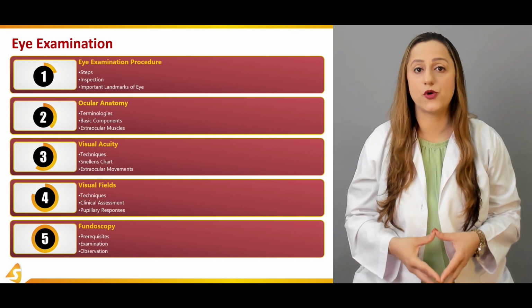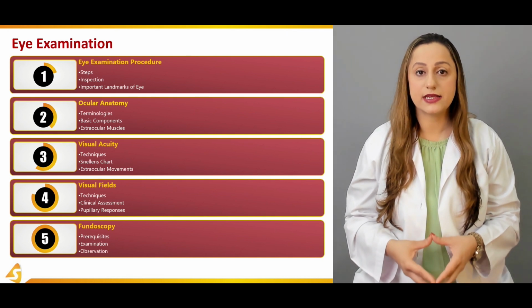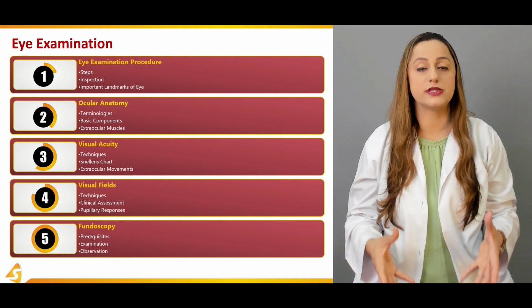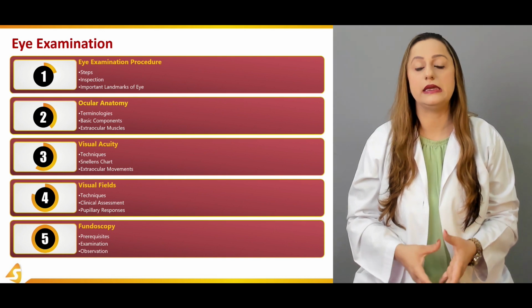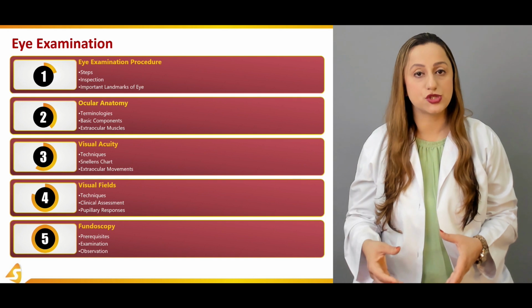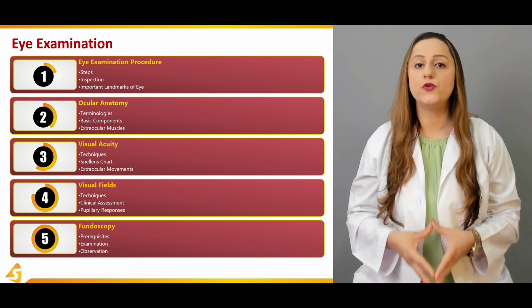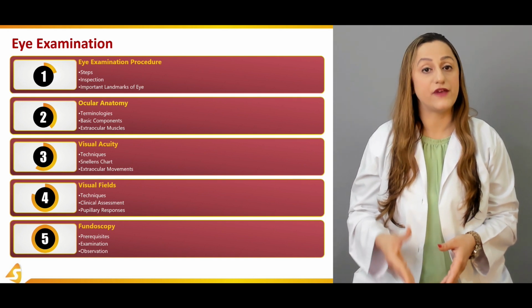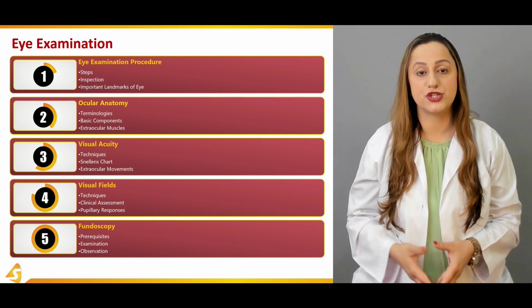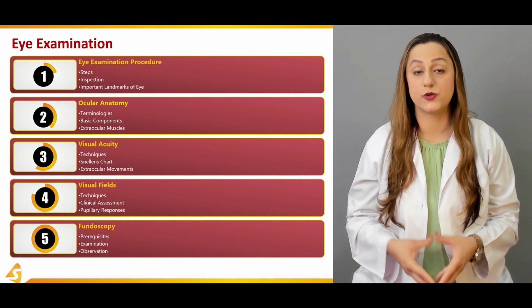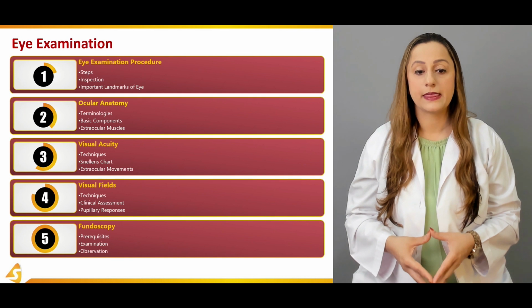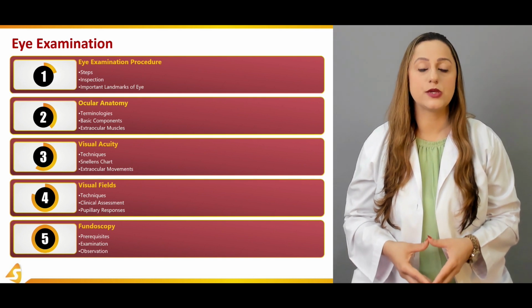It's again very important to know these extraocular muscles. Obviously, we'll start with the naming and the location, the origin and insertion will be discussed, and then we'll move on to the nerve supply, and finally, the action produced by these extraocular muscles will be discussed.